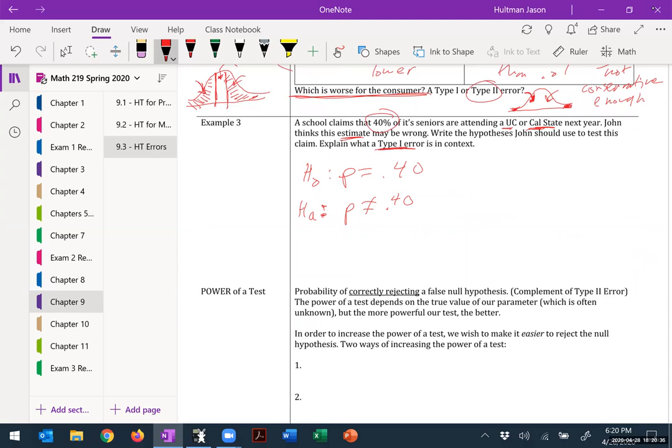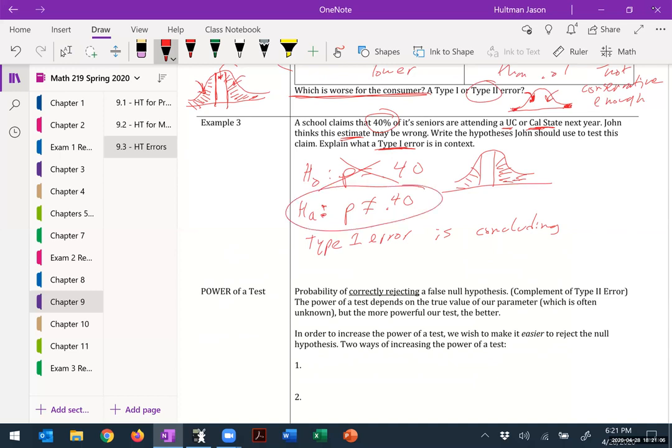Okay, so what's a type 1 error in this case? Again, type 1 error is rejecting way too much, right? Rejecting way too much. Type 1 error is concluding, okay, we would reject the null and we would accept the alternative.